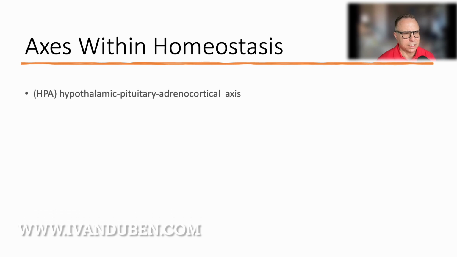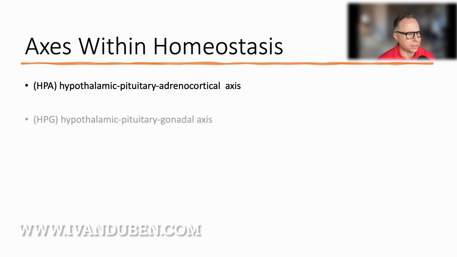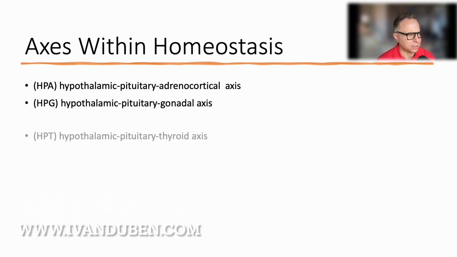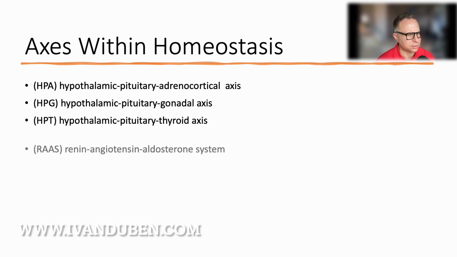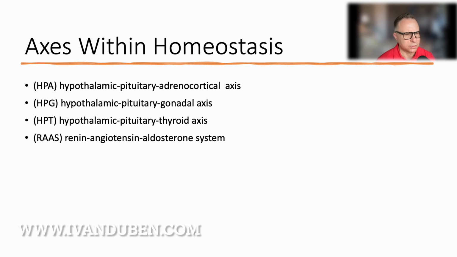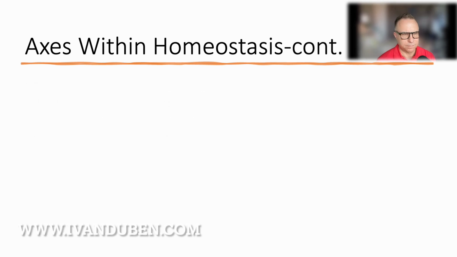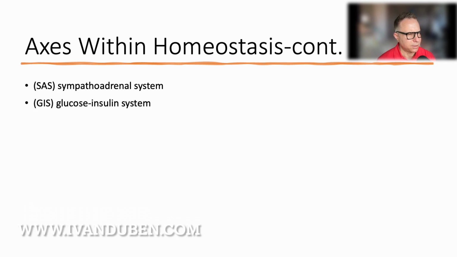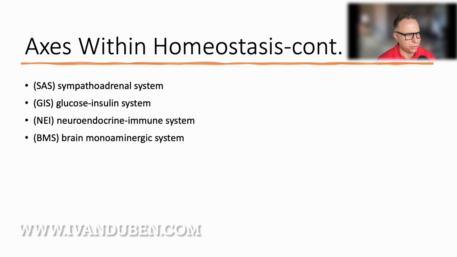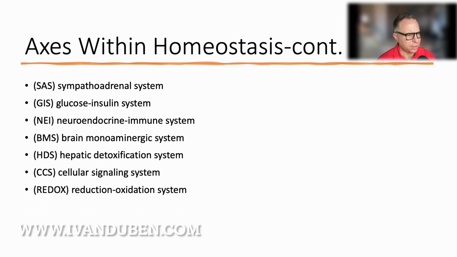The axes within homeostasis are the HPA, hypothalamic pituitary adrenocortical axis, the hypothalamic pituitary gonadal axis, the hypothalamic pituitary thyroid axis, renin-angiotensin aldosterone system, the SAS, sympathoadrenal system, the glucose insulin system, the neuroendocrine immune system, brain monoaminergic system, hepatic detoxification system, very much connected to the lymphovascular terrain, cellular signaling system, and the reduction oxygenation system, and the ghrelin-leptin adiponectin system.